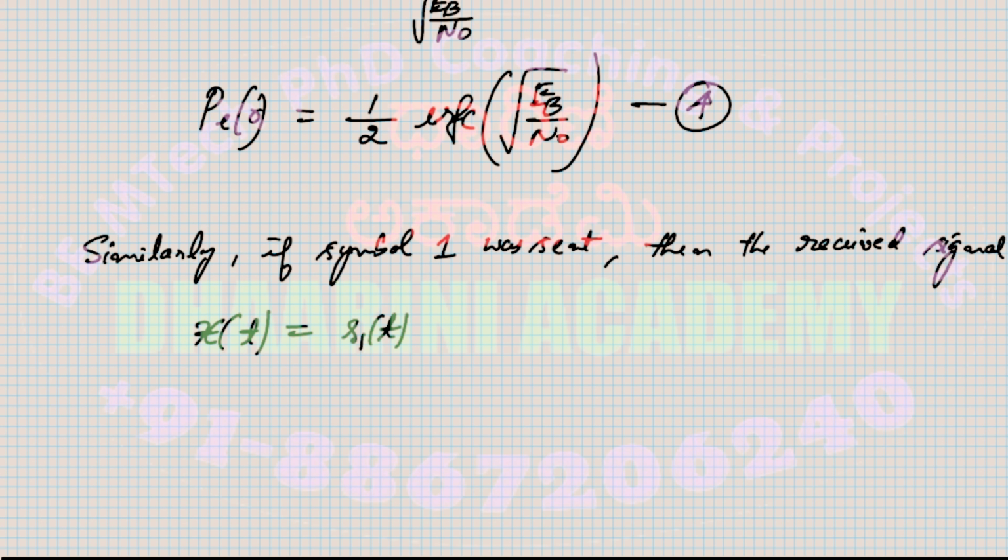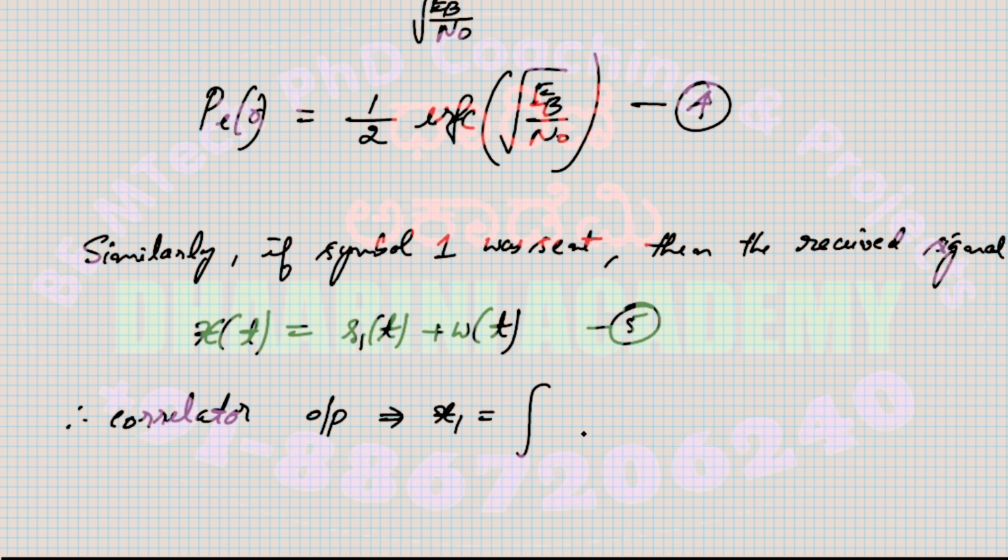So when I say that I'm going to receive this, what should be the correlator output? Therefore, the correlator output, that is denoted as say x1, should be equal to the integral 0 to Tb of the received signal, that is x of t, multiplied with phi 1 of t.